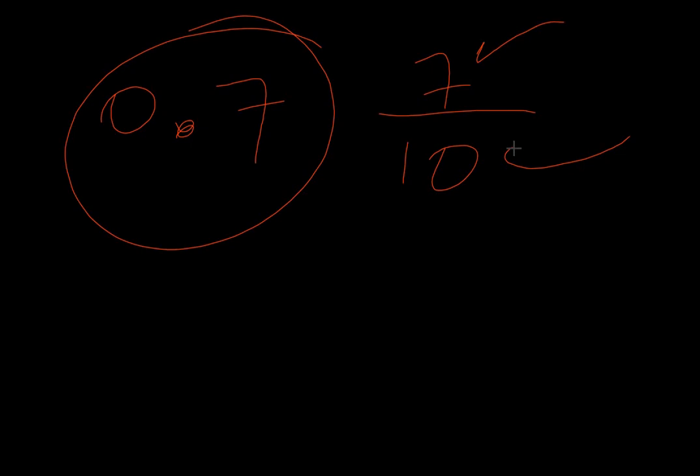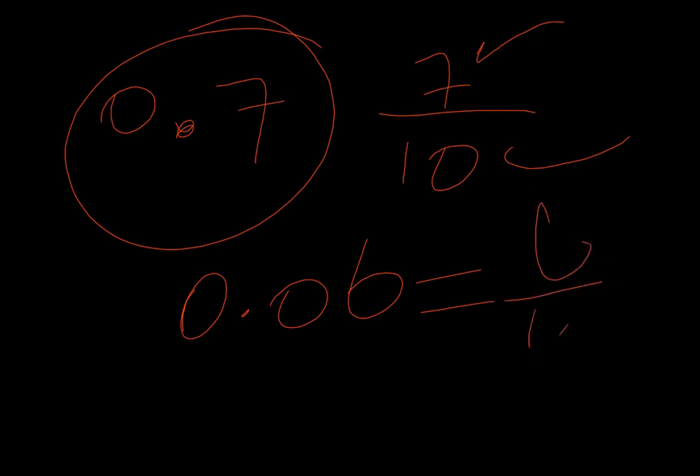So let us look at another one. What if we had 0.06? What would this be as a fraction? Well, it could be 6 over 100. If you look at it, 6 is an integer, and 100 is also an integer. And so we actually see that these kinds of decimals are also coming from a rational representation.